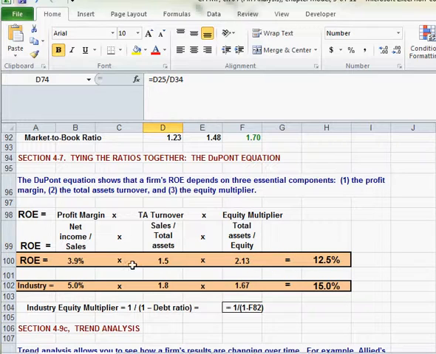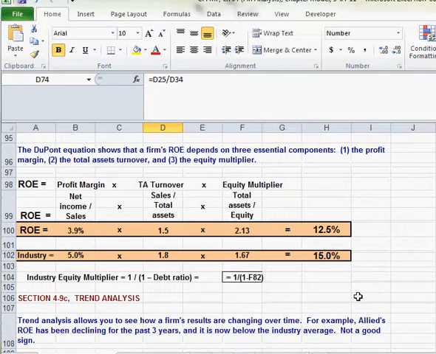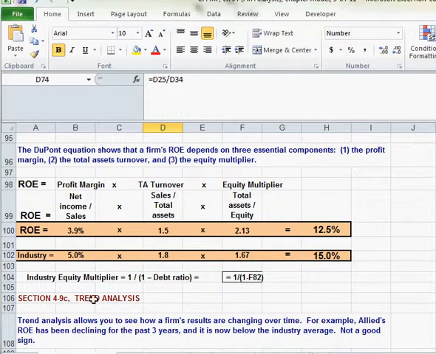So using the Dupont helps us break down a bigger, more important number and take a look at where the problem might be. Sometimes we might actually be beating the industry in the profit, and our equity multiplier may be in line, but maybe our problem is an overinvestment in assets. So it helps us break that apart.